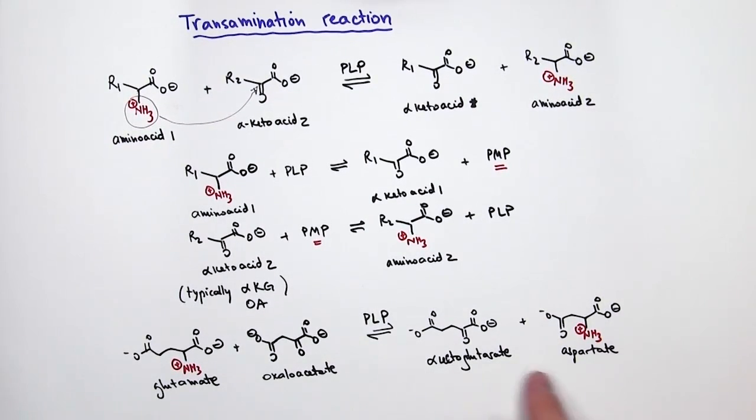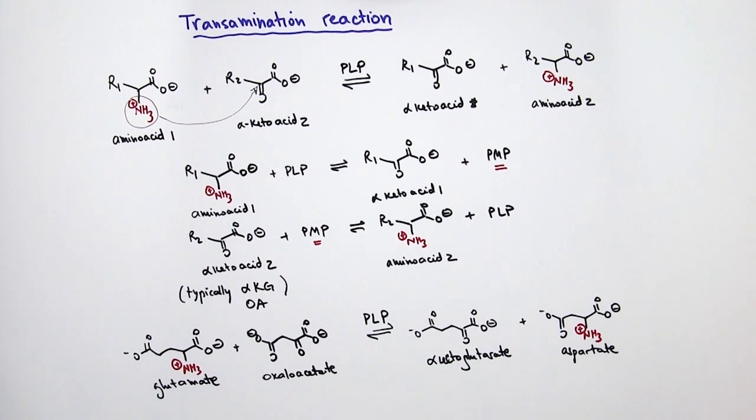This enzyme that catalyzes this transformation is in fact ubiquitous, and it's found both in the liver and in the muscles. Depending on the products, we can call it aspartate transaminase or glutamate oxaloacetate transaminase.